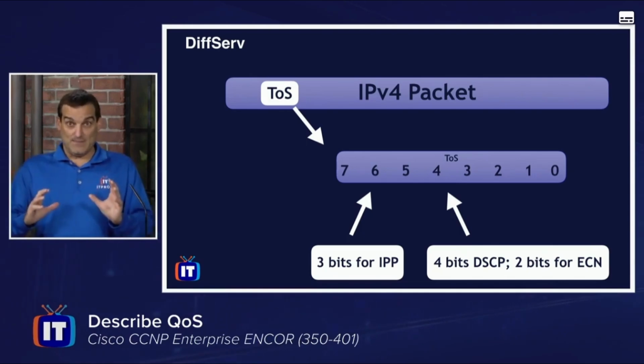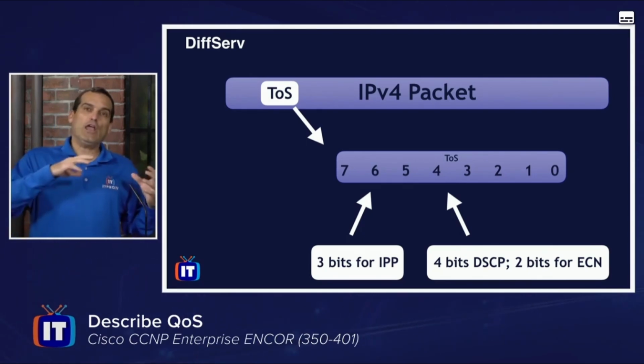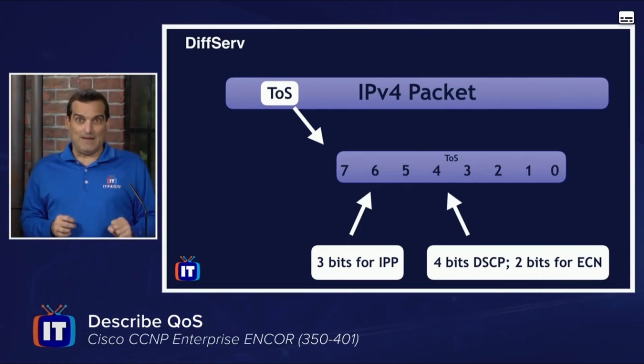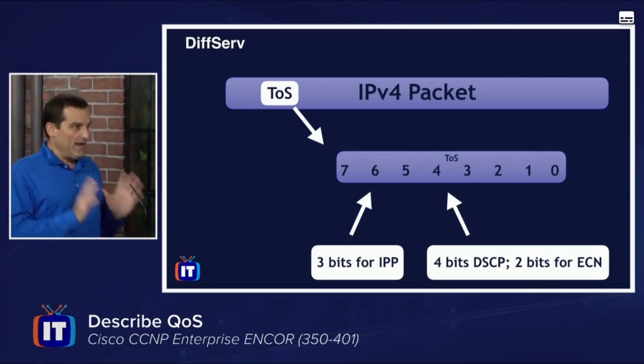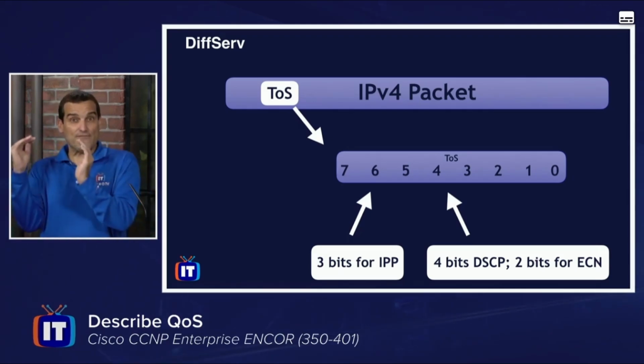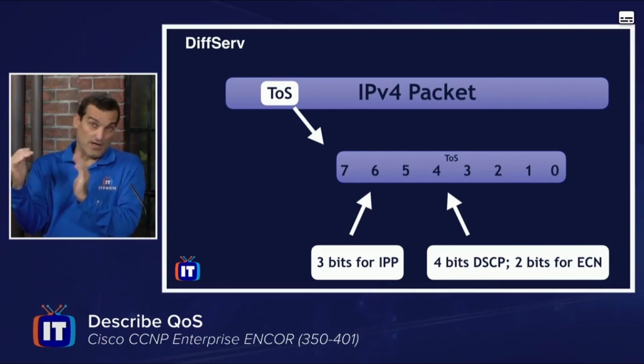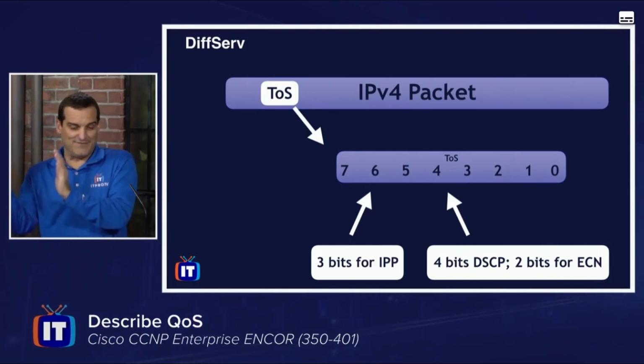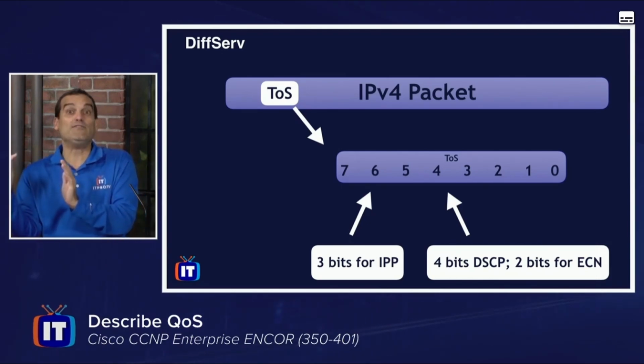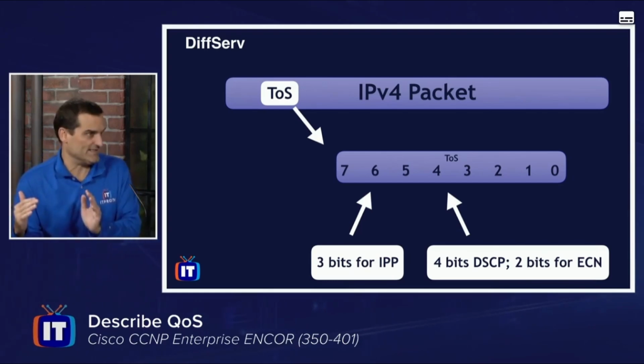Those 8 bits that make up the ToS byte, in the early days of IP, they said, oh, I know what to do. Let's take the first 3 bits, the leftmost bits, 7, 6, 5, and they will be for IP precedence.